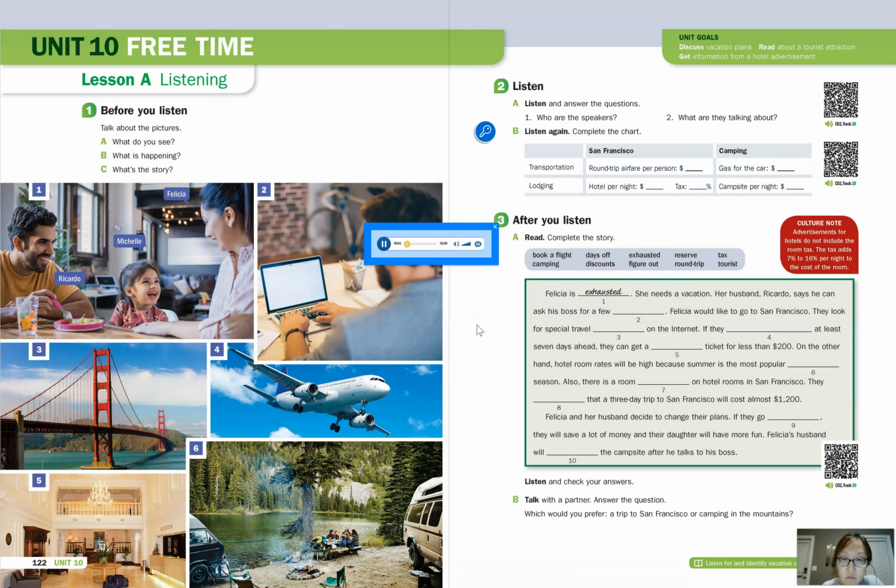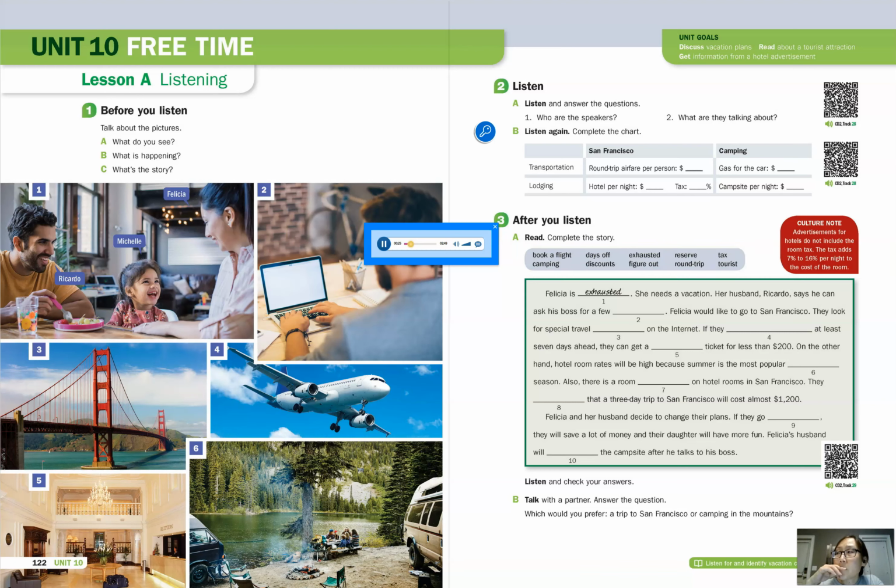Unit 10, Free Time. Page 123, exercises 2A and 2B. I'm so exhausted. I really need a vacation. You know, my work is pretty slow right now. I can talk to my boss. Maybe he'll give me a few days off.